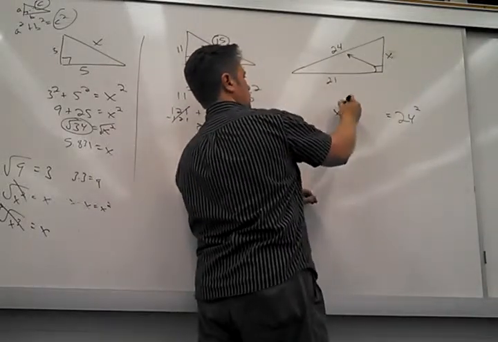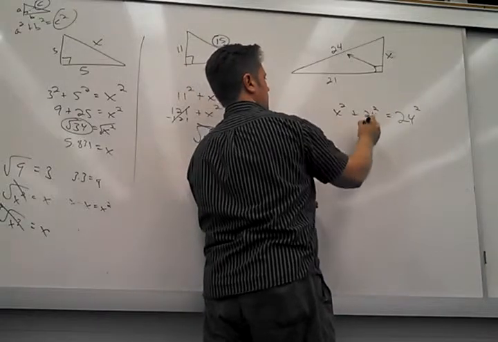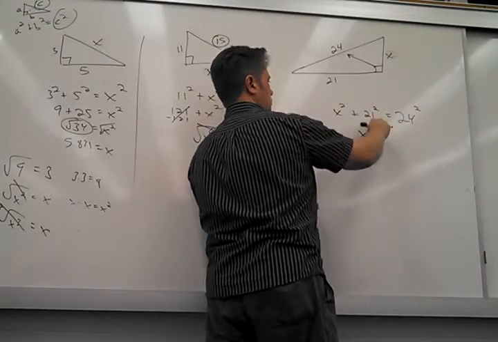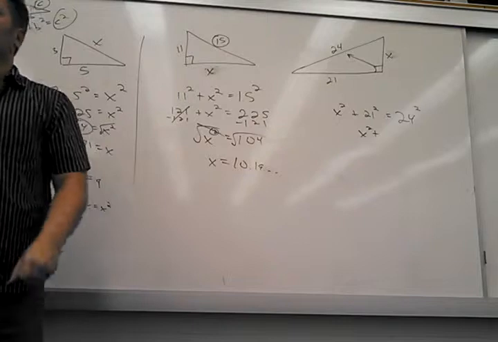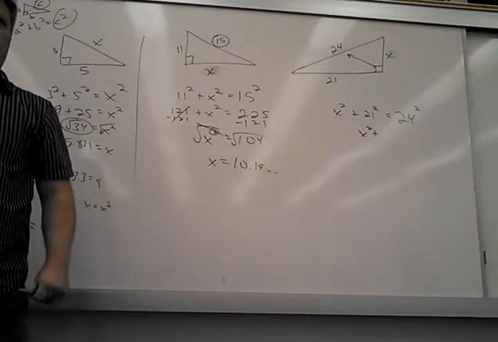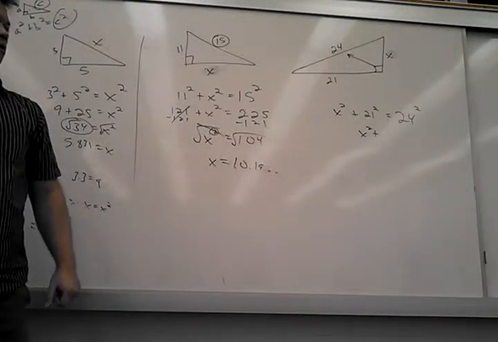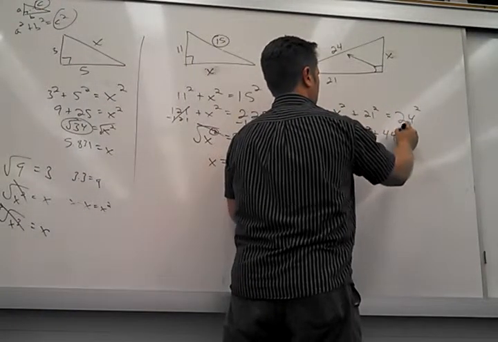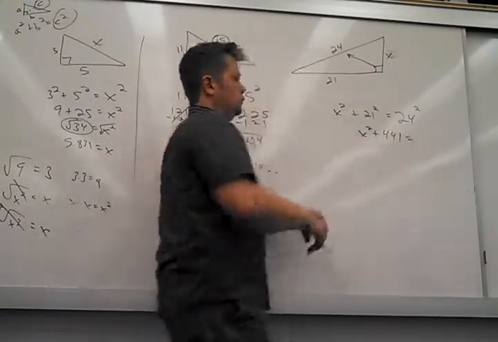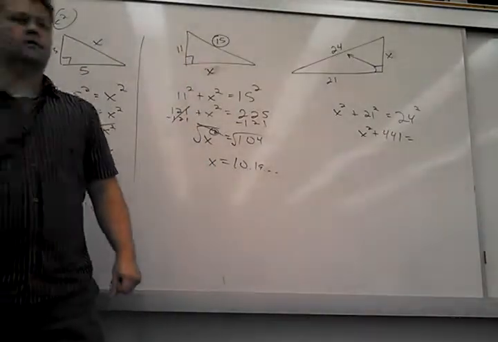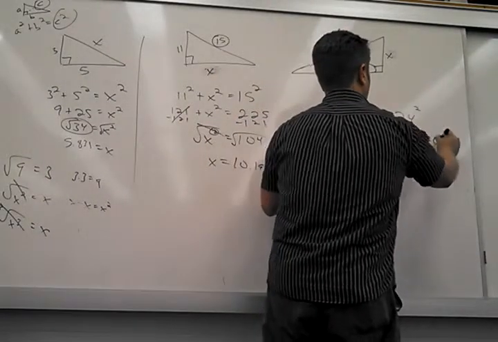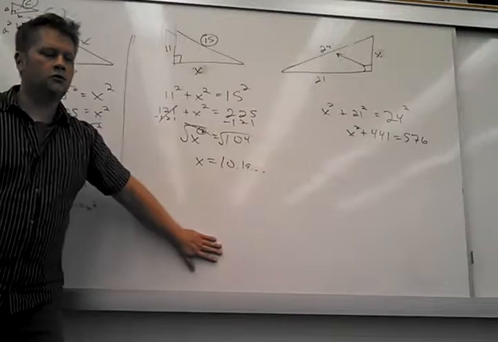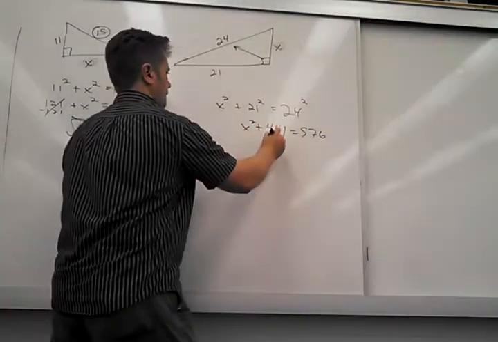X squared plus 21 squared. 21 squared is 441, I like it. 24 squared is 576. And then, of course, you subtract 441 from 576.